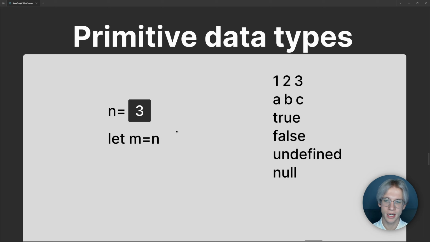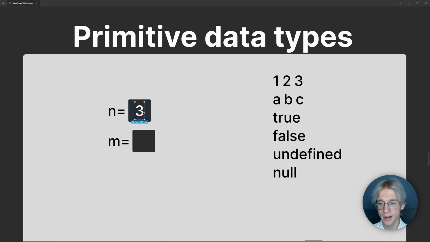And now I declare the second variable m that is equal to n. So in this case, JavaScript tries to find the variable n. We see that we have this variable, then it looks at the data of this variable. Variable n contains a number, which is a primitive data type. And in this case, we allocate a new memory cell to the variable m.